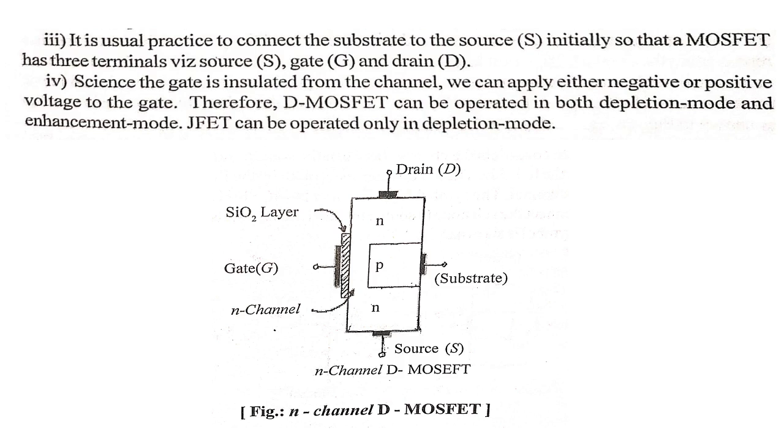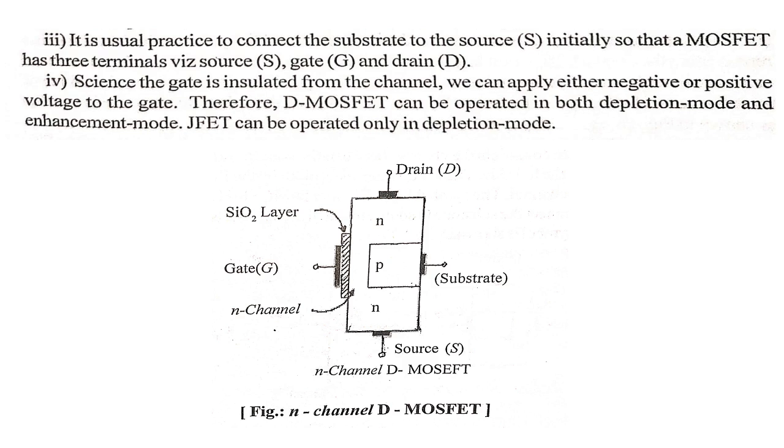It consists of metallic contacts for drain, gate and source terminals. These include the insulating layer and the conducting channel, which is made up of semiconductor material. Due to this insulating layer, no current flows through this gate terminal.